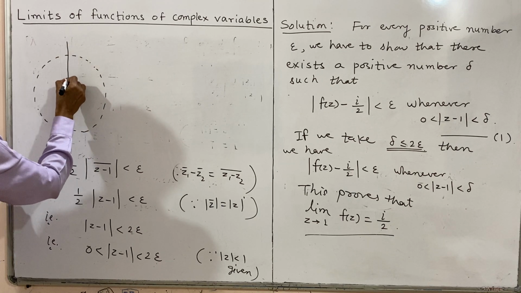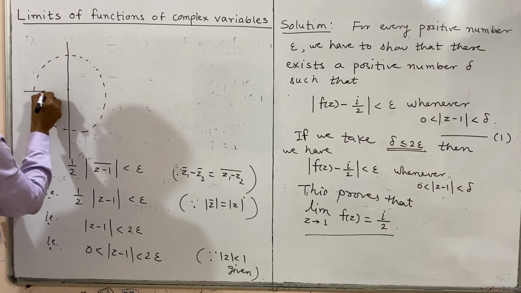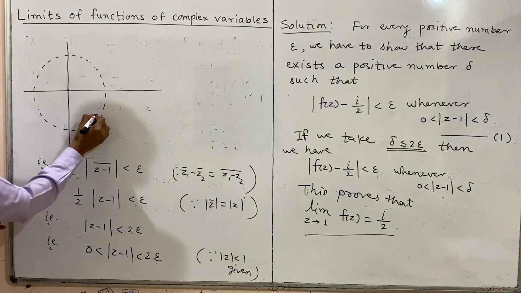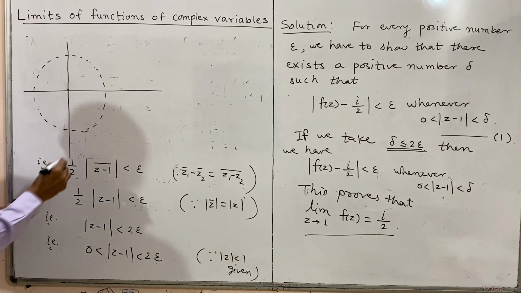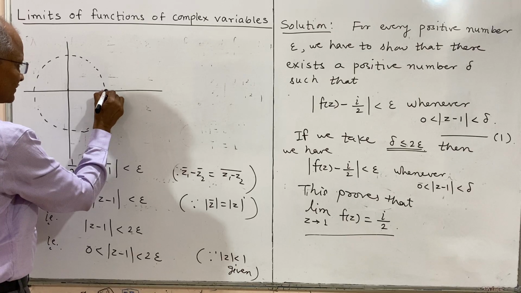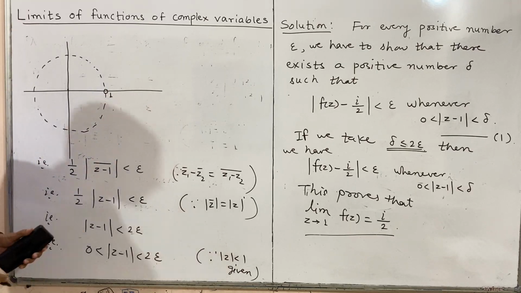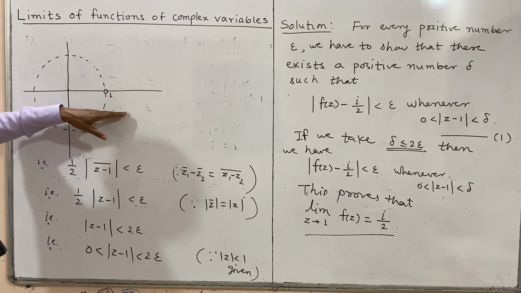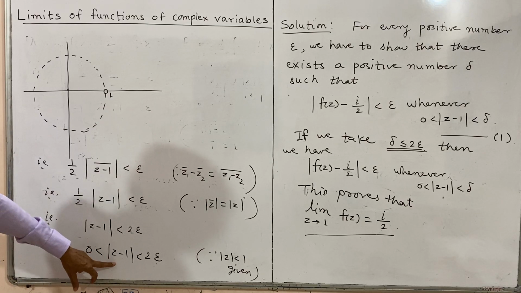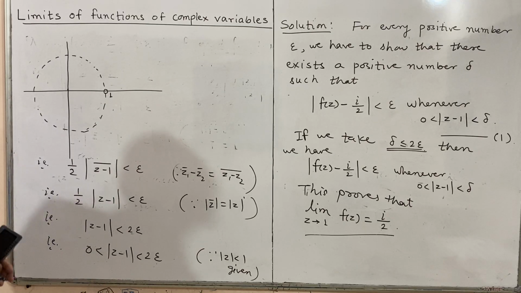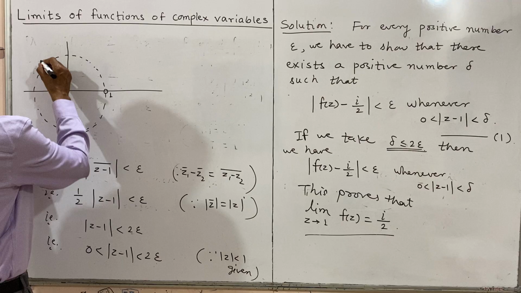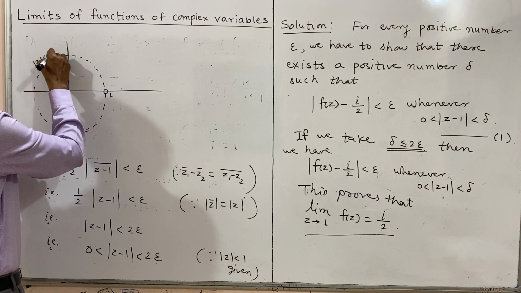So this is what mod z less than 1 is, and 1 will be this point here, a deleted neighborhood. 1 is not included in the neighborhood because z cannot take value 1, and this is mod z less than 1.